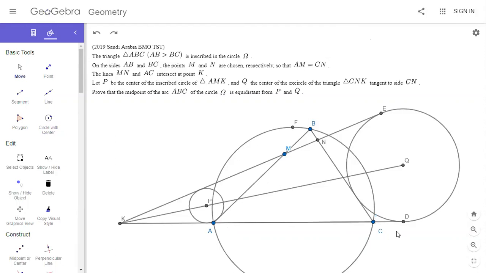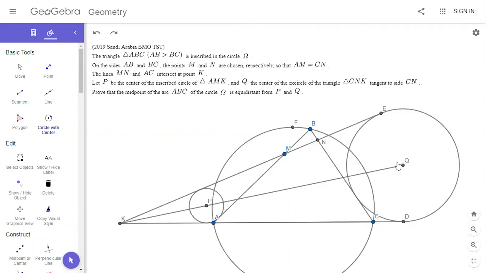Feels a little like congruent triangles, like maybe is FM equal to FN? Because maybe, yeah. So it looks like maybe triangle FMP is congruent to FNQ.